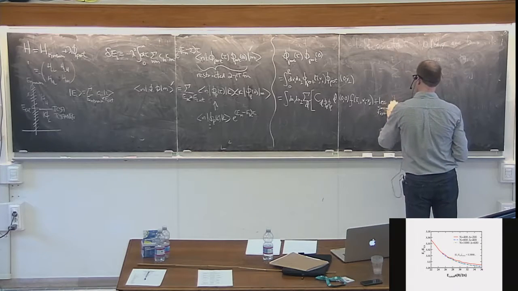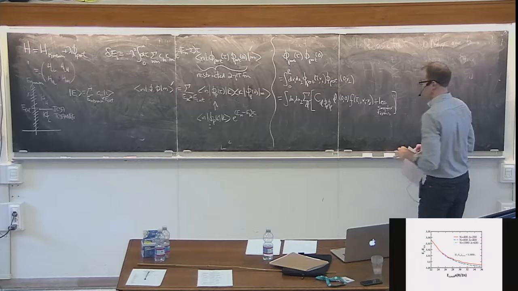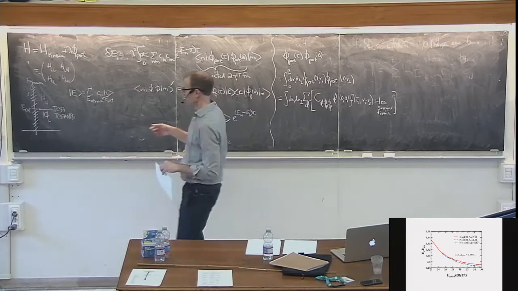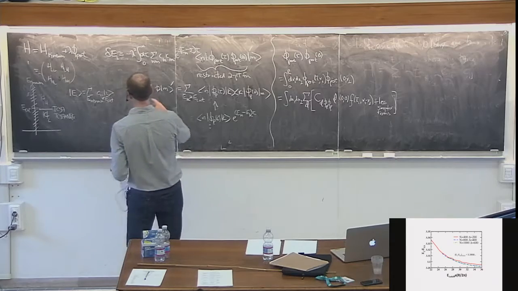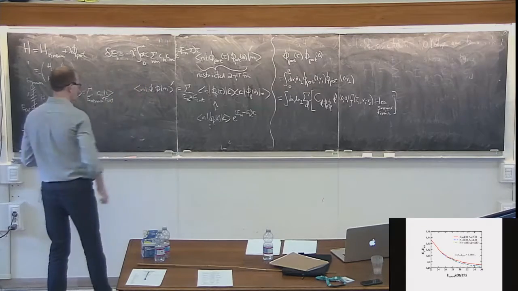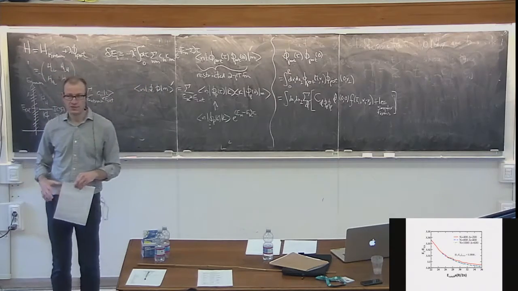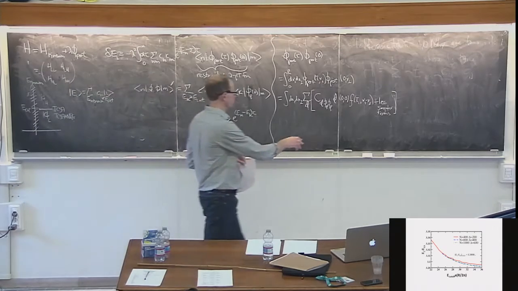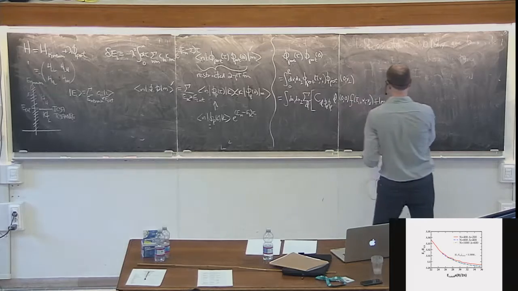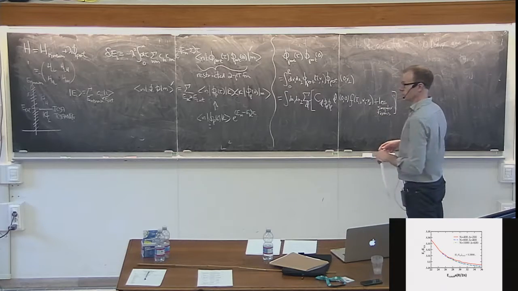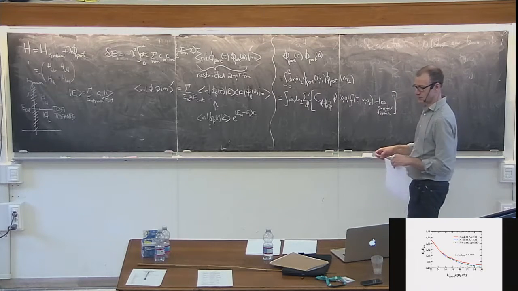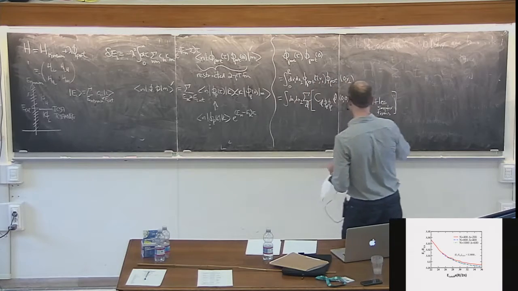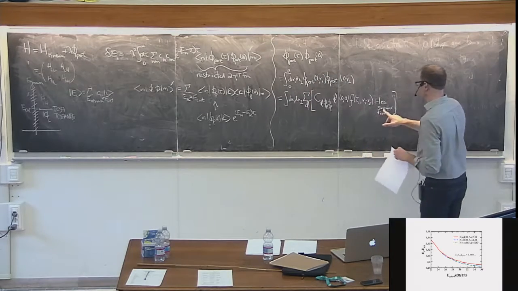But these less singular terms, if you actually go ahead and try to take them into account, you see that what happens is that their contribution to this energy correction is down by some power of the cutoff. So these less singular terms are less important.